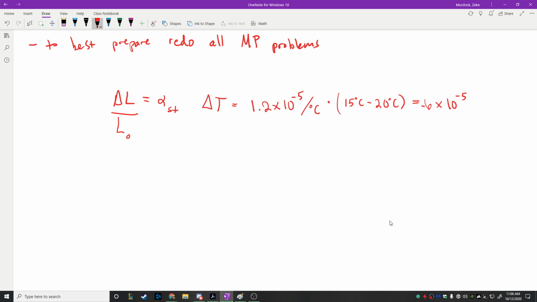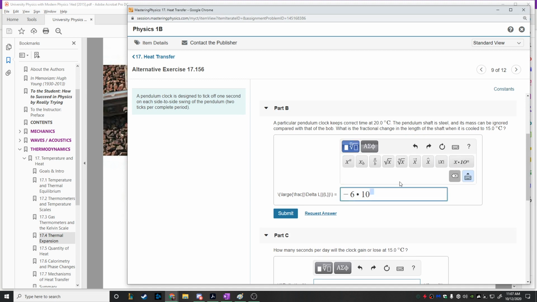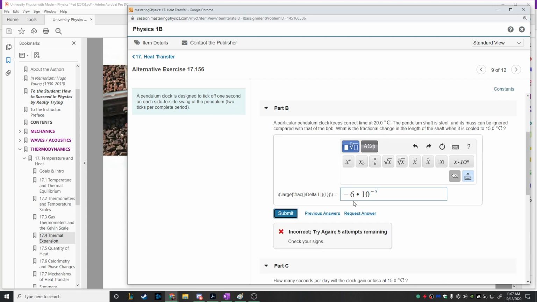Okay, so this is negative, right? Negative 6 times 10 to the negative 5. I'm wondering when you put this answer in here, if it's supposed to be negative. I don't know, let's see. Nope, not like that. 6 times 10 to the negative 5. Is he going to like that it's negative? Probably doesn't like that it's negative, right?